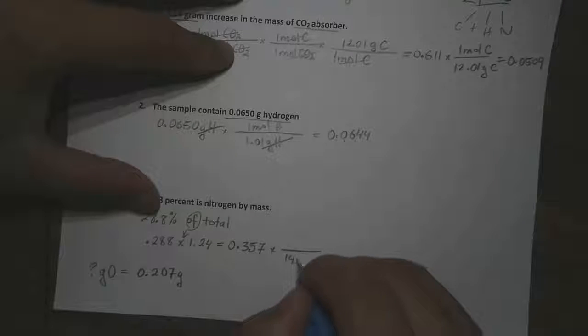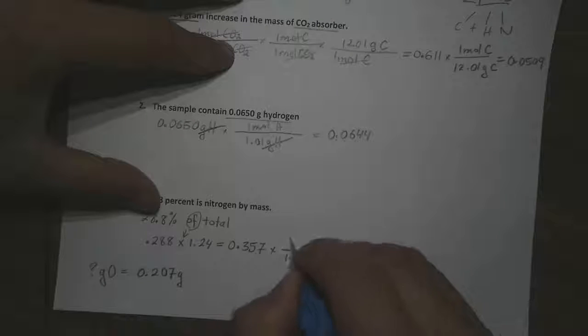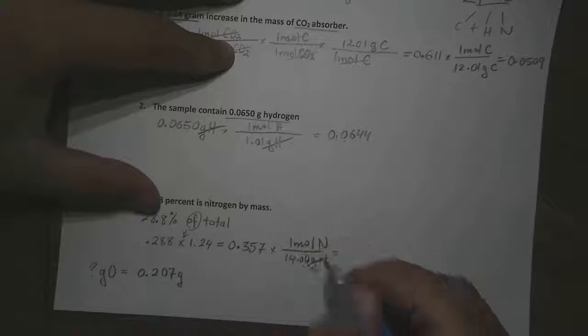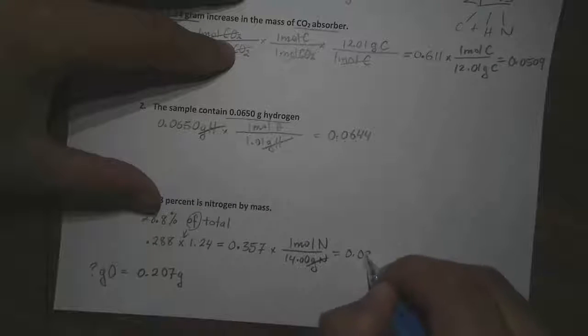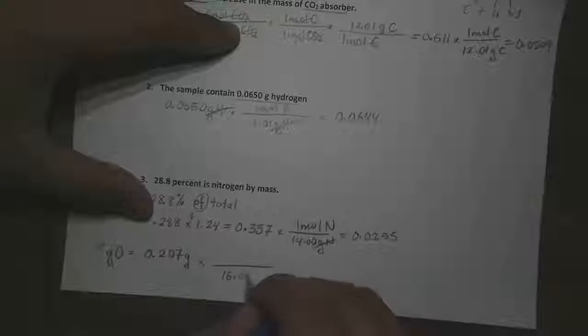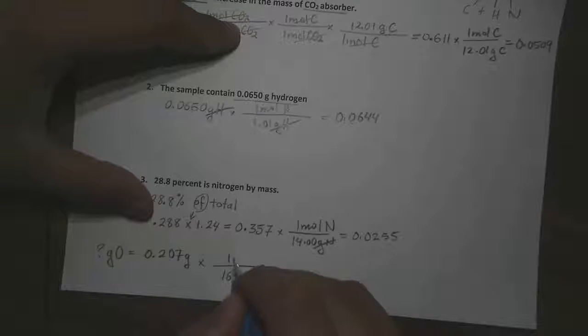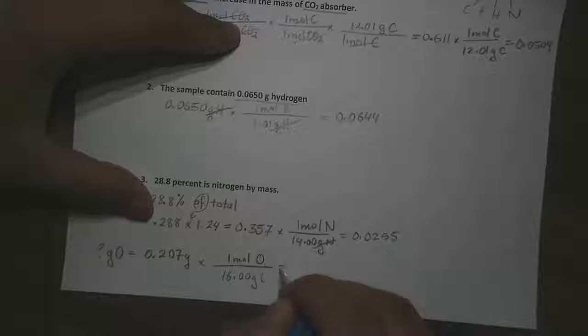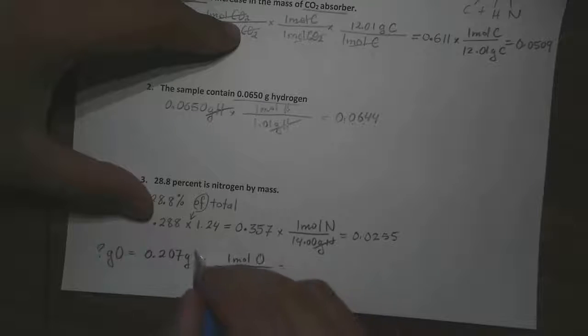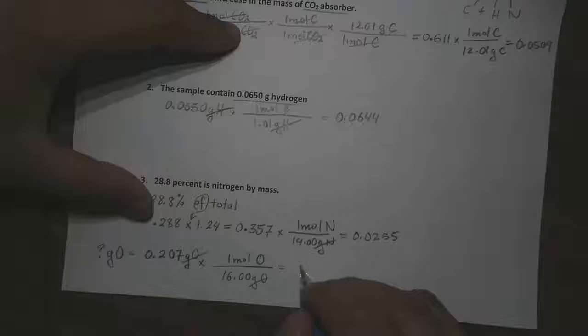Then we do the same thing to nitrogen, times the molar mass conversion factor of nitrogen, which is 14.00 grams of N and 1 mole of N on top, the grams of N cancel out, so we have 0.0255 moles of nitrogen. And lastly, for oxygen, over 16.00 grams of O, 1 mole of oxygen on top, the grams of O cancel out.